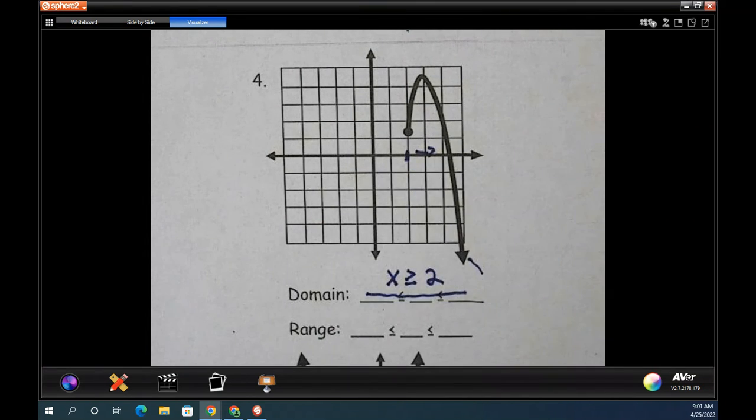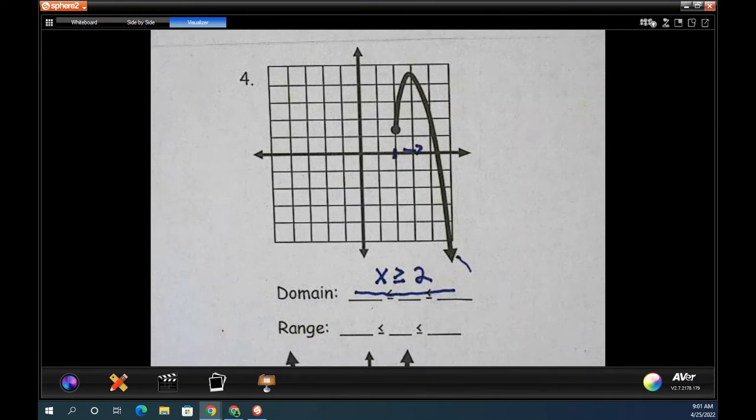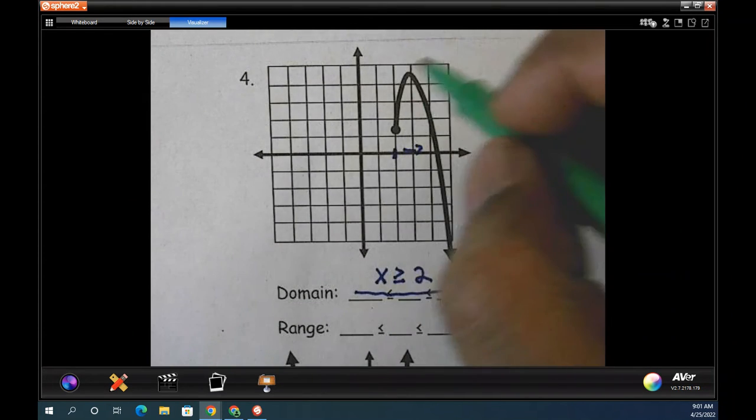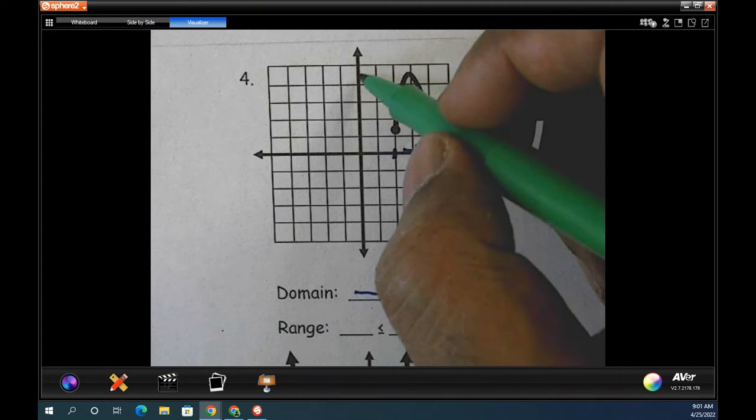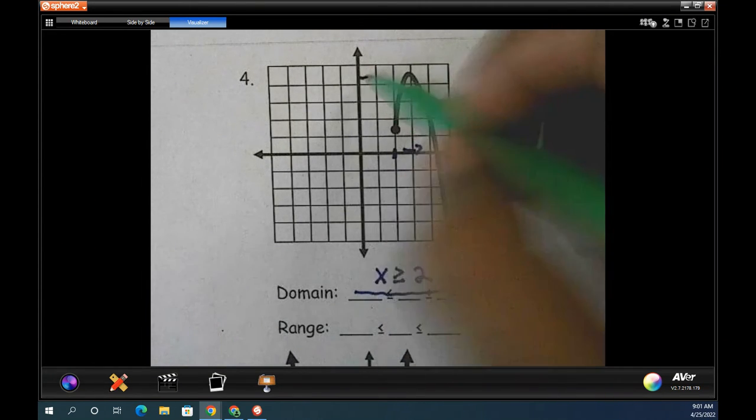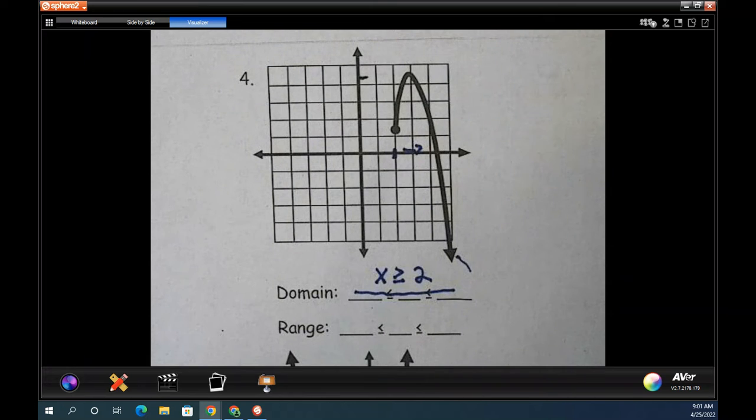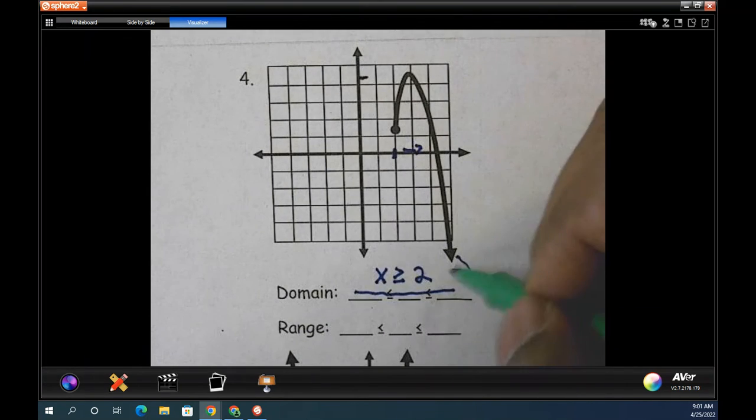Now the range, looking at the y-axis, and it's really not a good one. It goes all the way up there. Does everybody see how high it goes? Because it's going to keep going forever with that arrow.